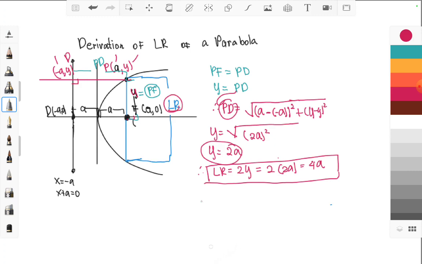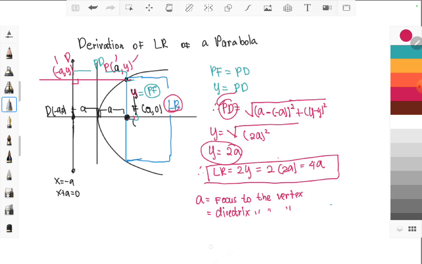Here, a is the distance from my focus to the vertex, and also the distance from the directrix to the vertex.